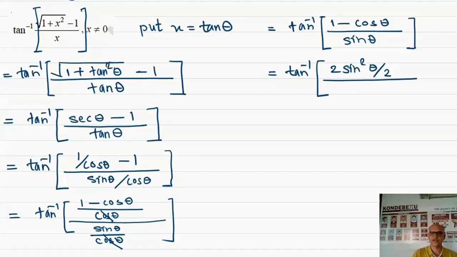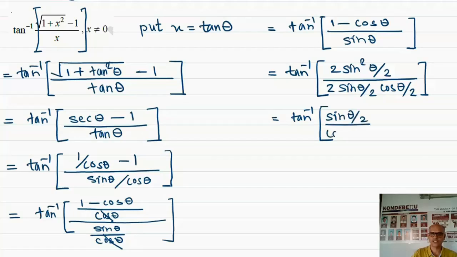Then apply the half angle formula to the denominator: 2 sin theta by 2 into cos theta by 2. So 2 cancels, and one sin cancels. So what remains is tan inverse of sin theta by 2 divided by cos theta by 2. Correct? So sin by cos is tan. So tan inverse of tan theta by 2. Tan inverse and tan cancel, so what remains is theta by 2.